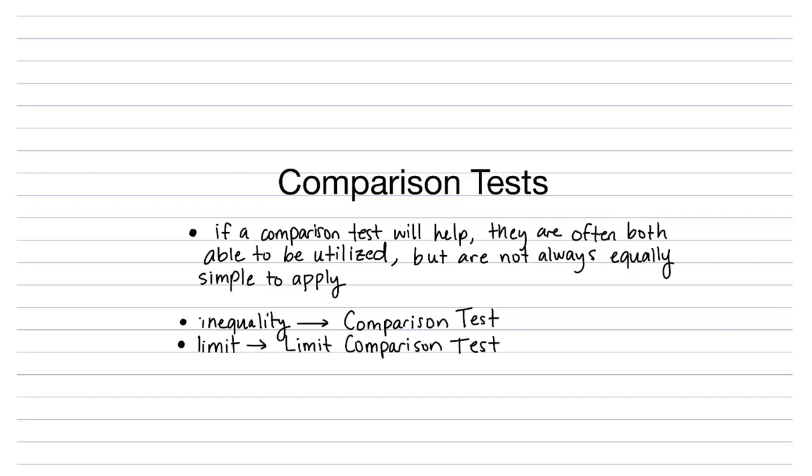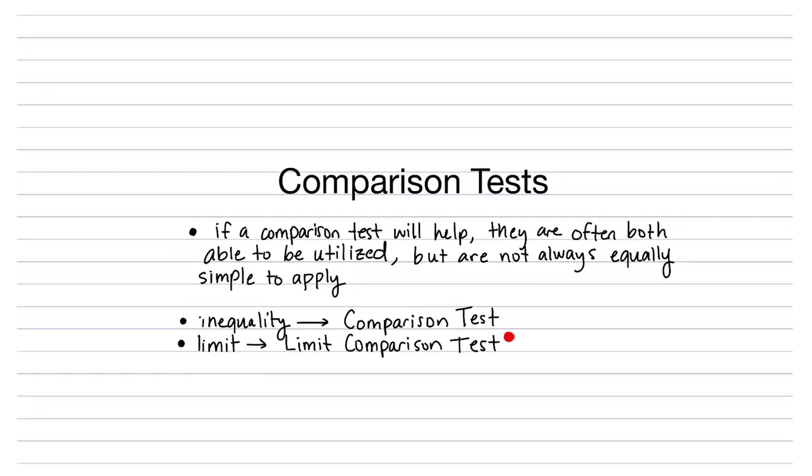So there is another kind of comparison test, the limit comparison test. And the limit comparison test is going to be most useful when you have a series that you're fairly confident is very similar to your series that you know the convergence or divergence of. So again, before you compare the series you're trying to show convergence or divergence for, you want to know the behavior of the series that you're comparing it to.